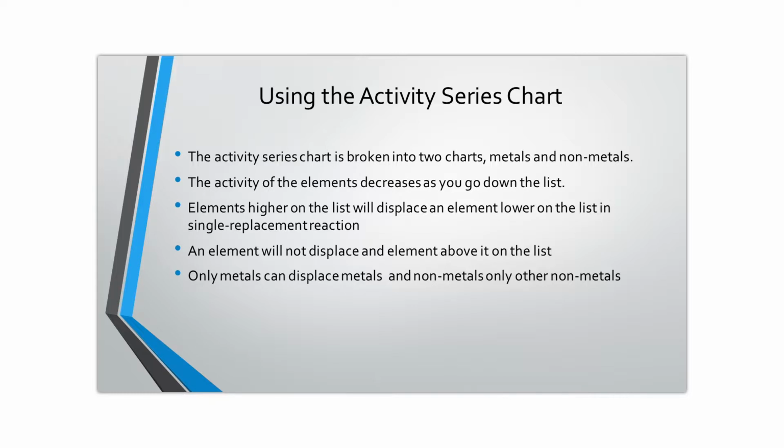An element will not displace an element above it on the list. So if you are below an element on the list, you cannot displace the one above it. In other words, you're not strong enough, you're not active enough. And the last thing to remember is that only metals will displace metals, and nonmetals will displace other nonmetals in a reaction. Metals can't displace nonmetals and vice versa.